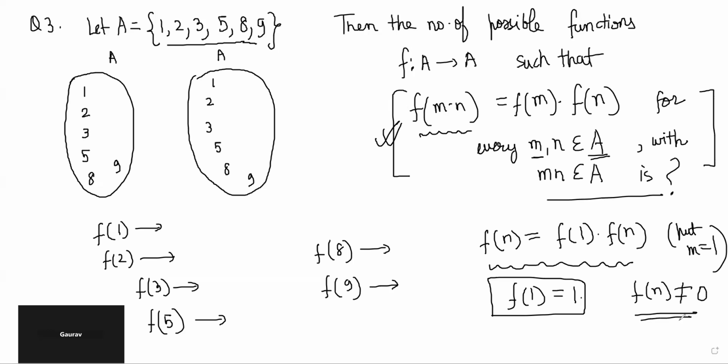Can f of n be equal to 0 in this set? No, there is no element 0. The only way this equality is true is if f of 1 is 1. So how many choices are there for f of 1? Only one choice.